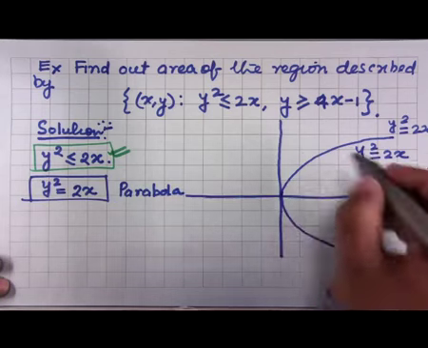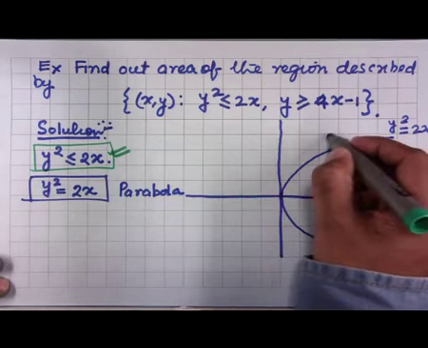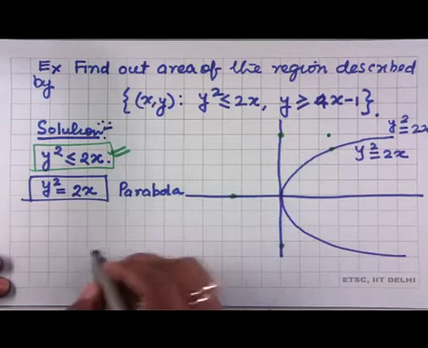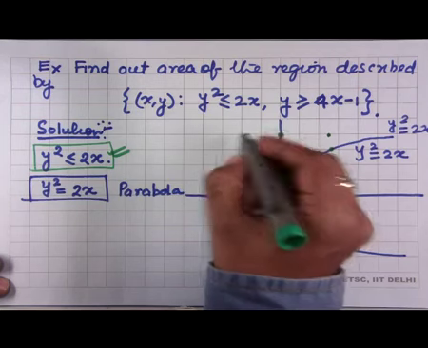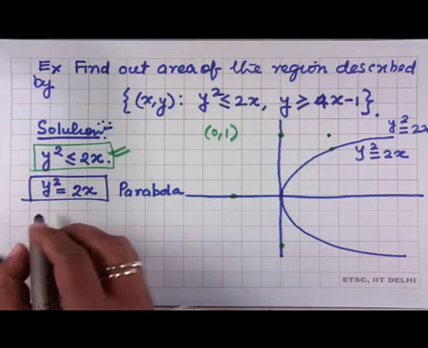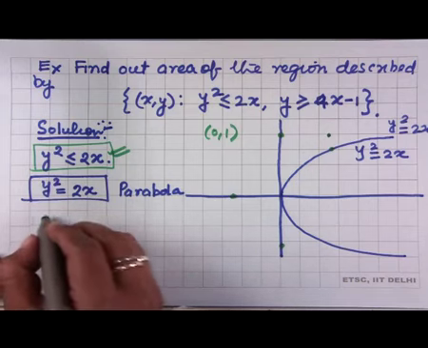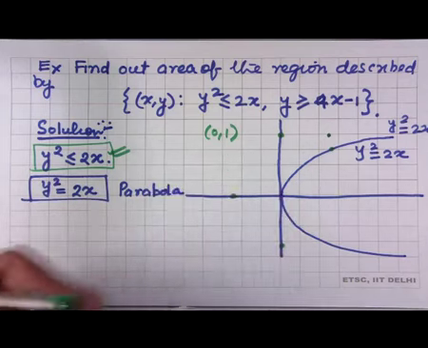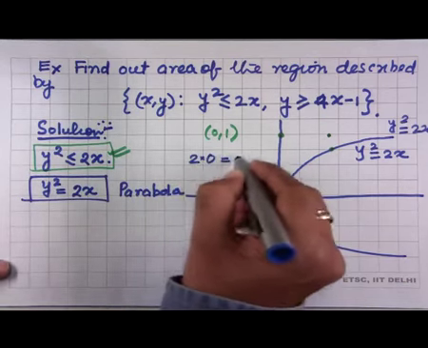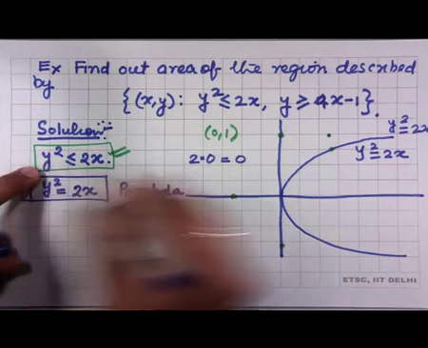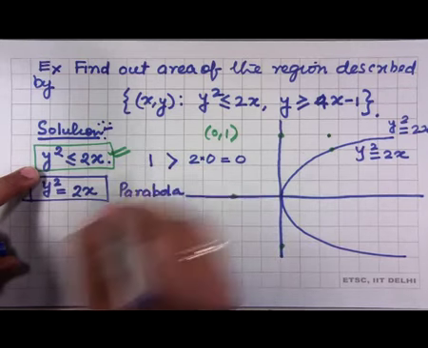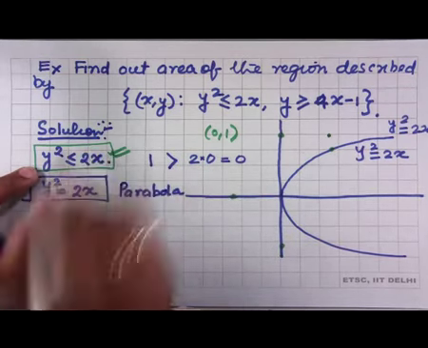So, if you take any point outside the parabola, maybe here, here, here or here. So, let us take 0 comma 1 and see. So, if x is 0, you get 0 into 2, that is 0, and on the LHS you get 1, which is strictly greater than 0. So, the inequality is not satisfied.